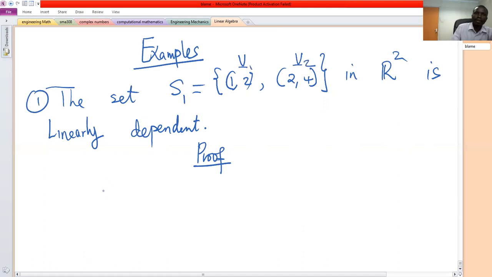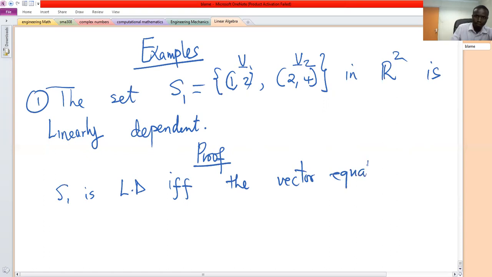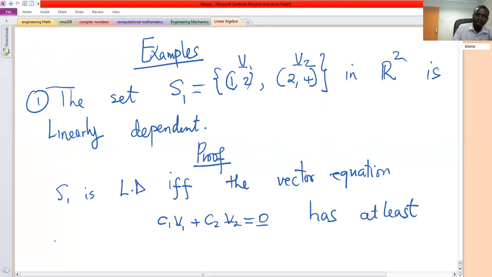Then S1 is linearly dependent if and only if the vector equation C1 V1 plus C2 V2 equals the zero vector has at least one of C1 or C2 non-zero.